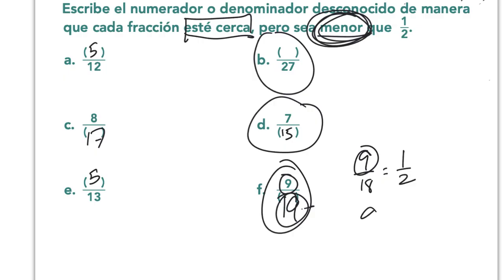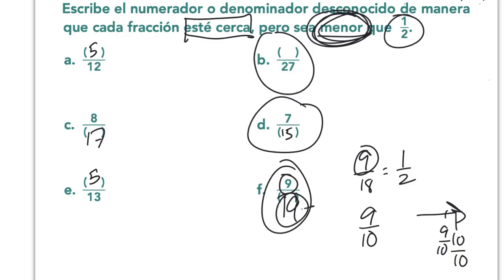So imagine if I had 9 over 10. That means my 19 was going down. If I had a number line, 10 over 10 would be right here, and then 9 over 10 would be right here. So really close. So we want to make sure that we're getting less than 1/2.